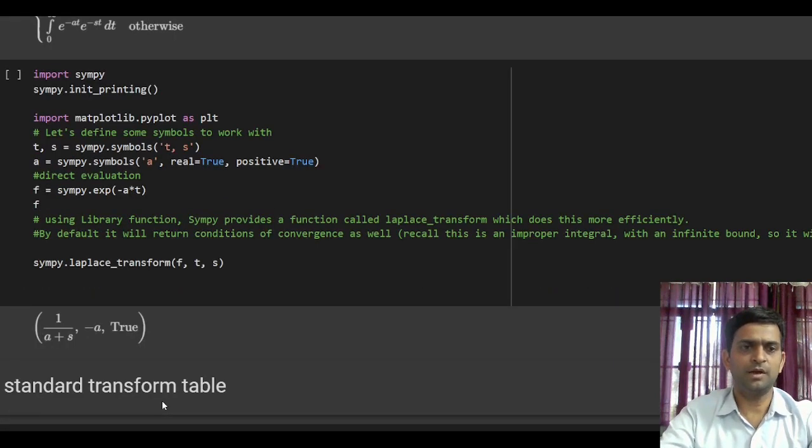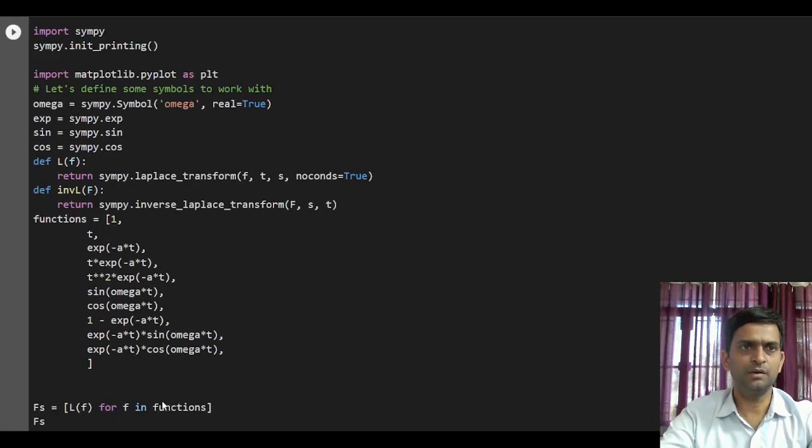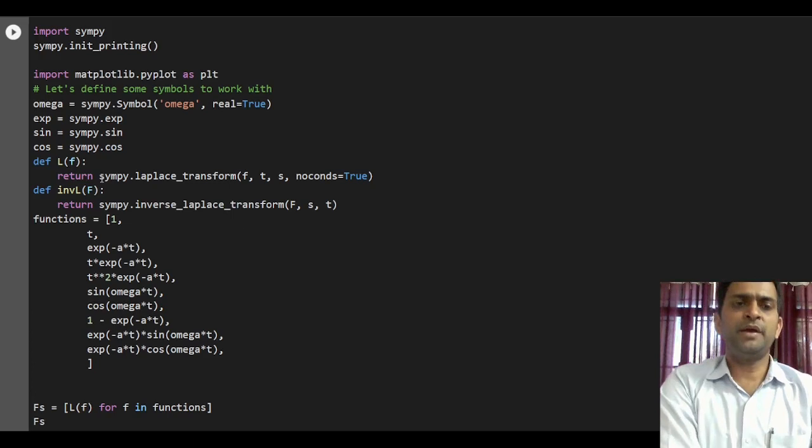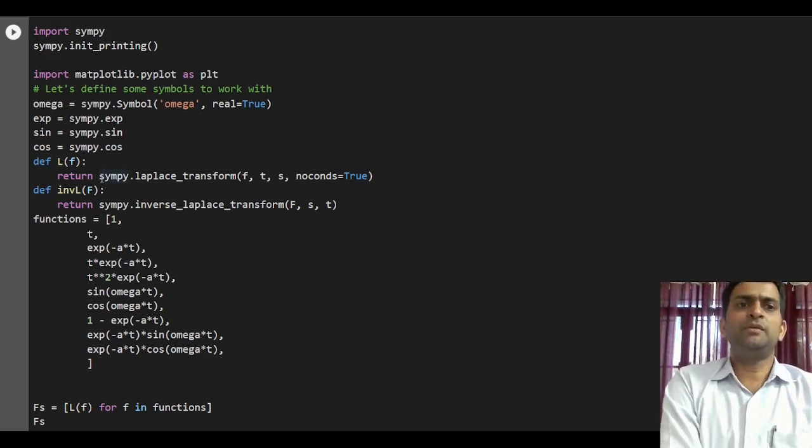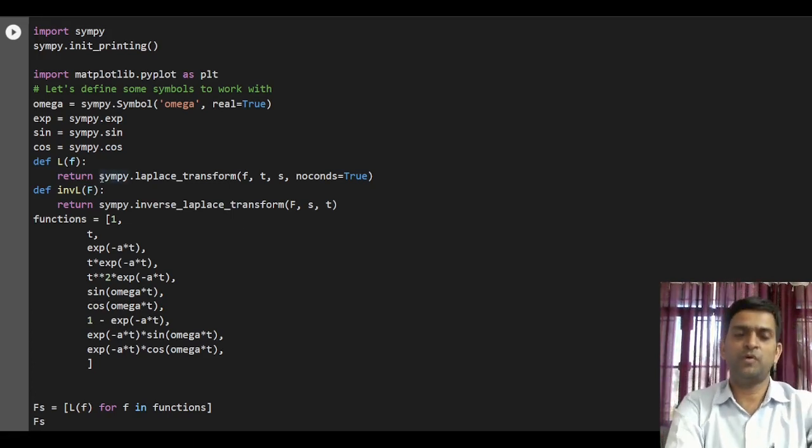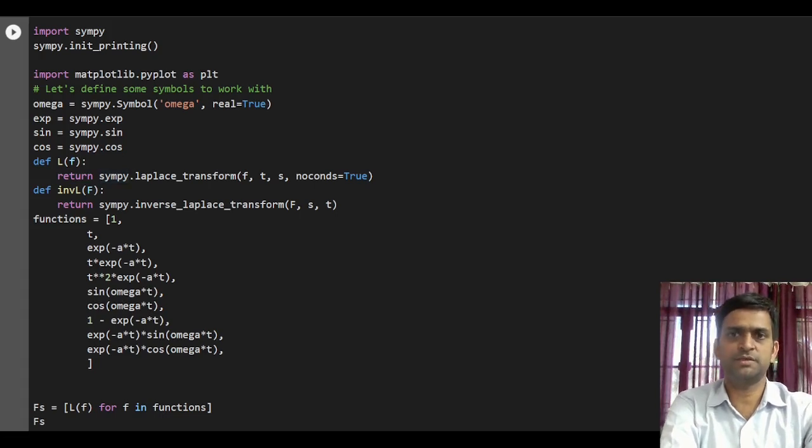Okay. Now again I have used the standard Laplace transform of the SymPy library to calculate the Laplace transform of various signals.